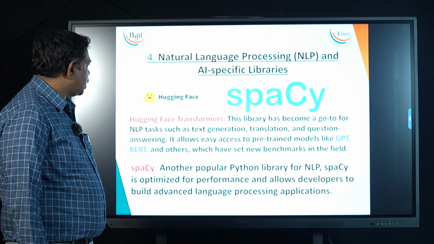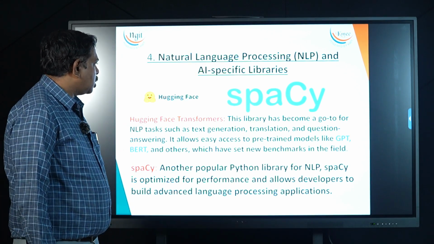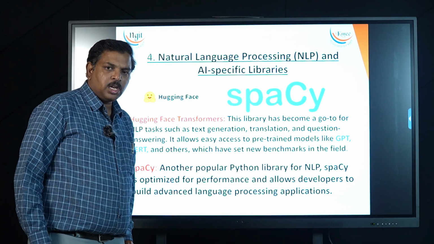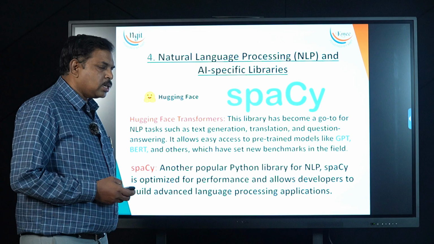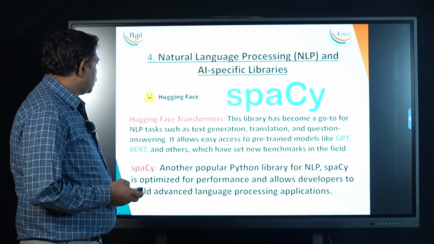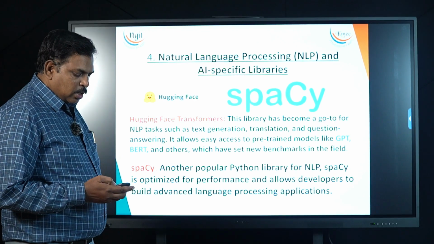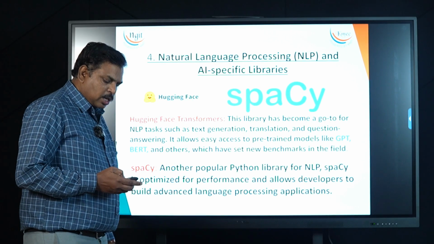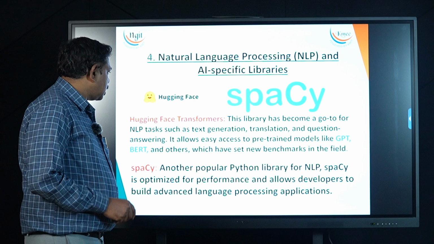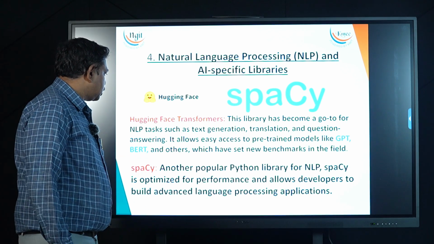It's something like a GitHub of these AI models. GPT and BERT, many models were developed with the help of Hugging Face Transformers. So these transformers help in text generation, translation, and question answering type of applications.